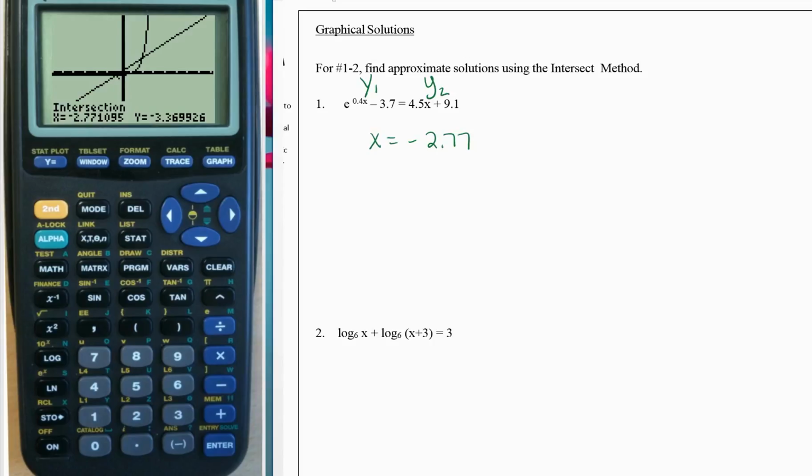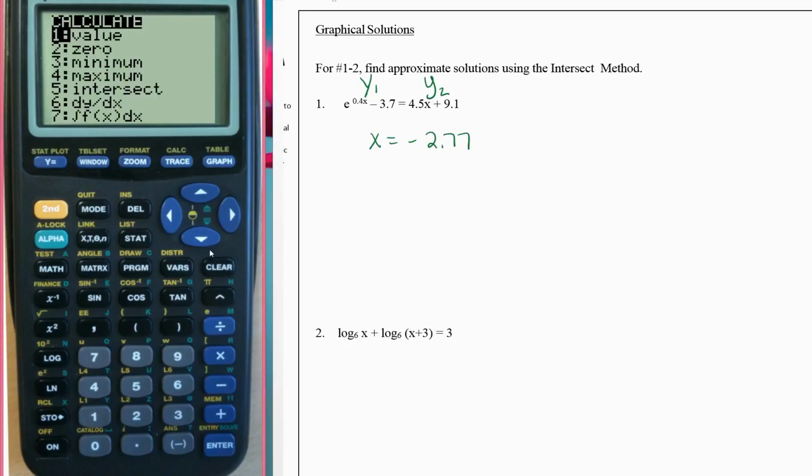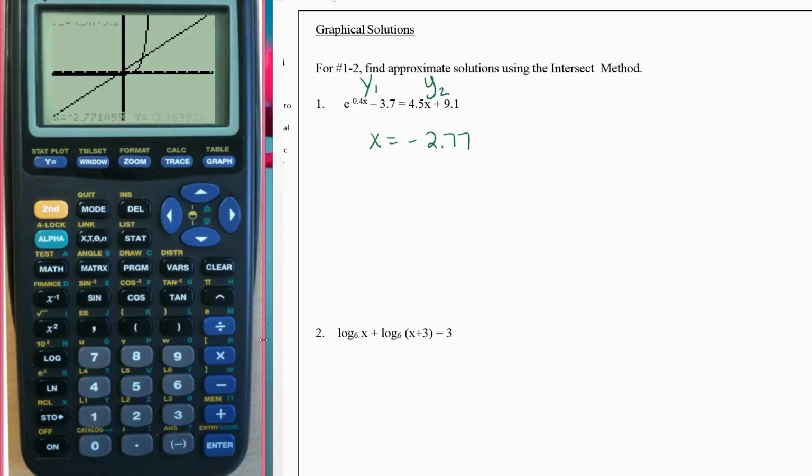Now we need this other one, so we're going to hit second calc, intersect. Before we hit enter, enter, enter, we're just going to move our cursor closer to the other one and hit enter, enter, enter. And we'll see that our other one is at x equals 10.18 if we round to 2 decimal places.